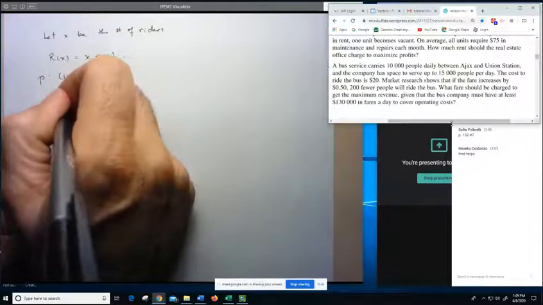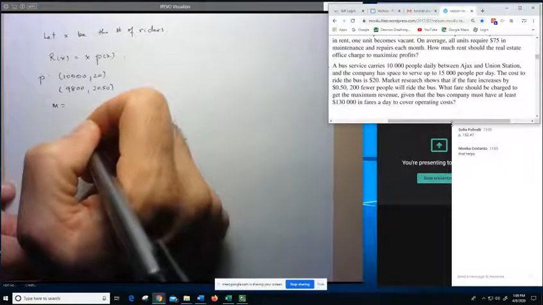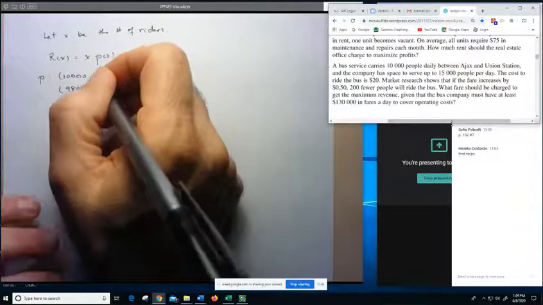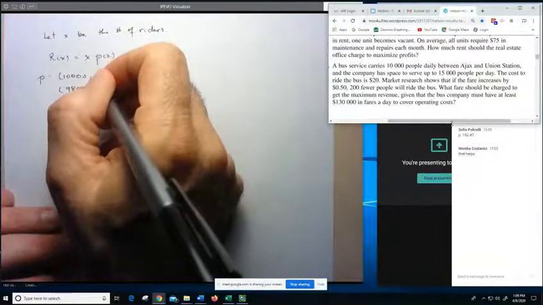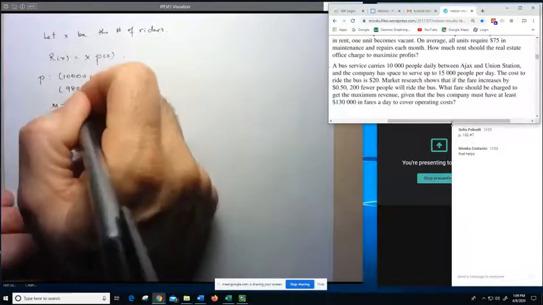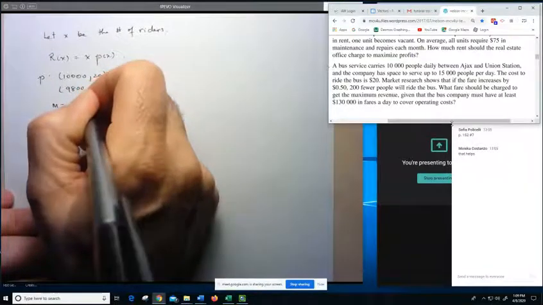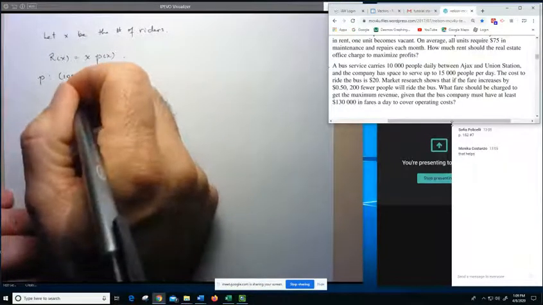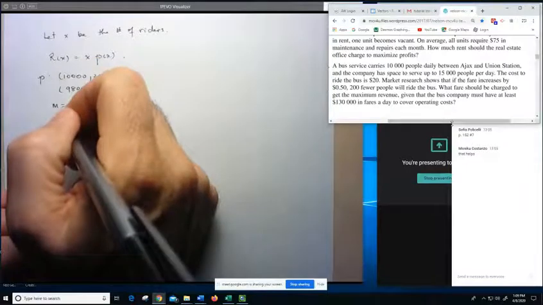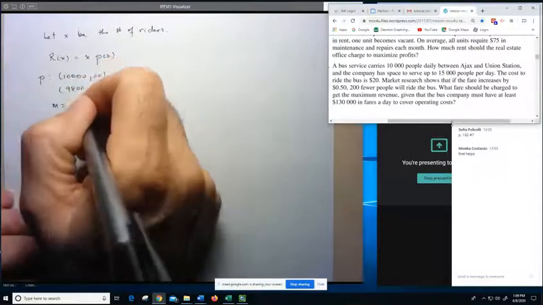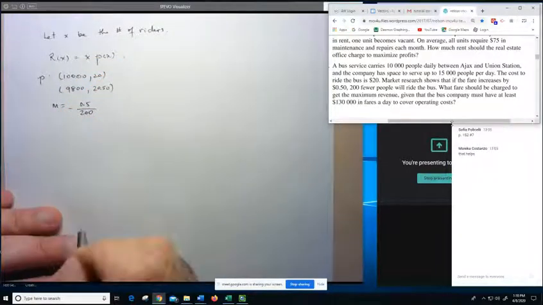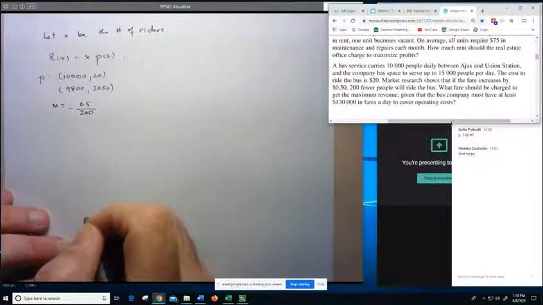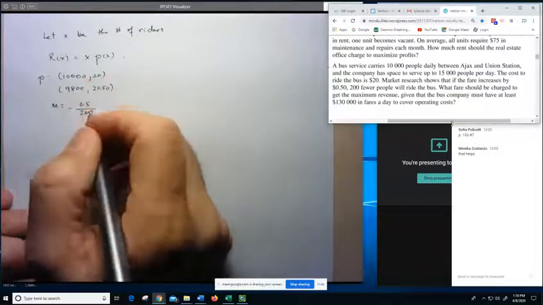Okay, so my slope is just going to be y2 minus y1, so that's going to be 0.5, divided by 9,800 minus 10,000, so negative 200, so negative 0.5 over 200. Okay, so now the price function, let's just stick in one of these here.